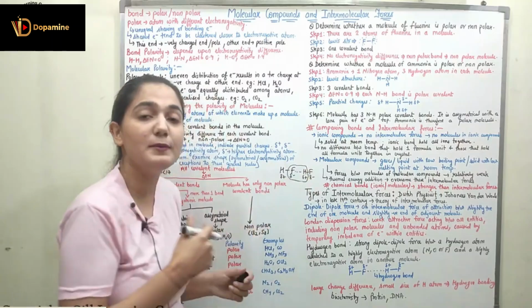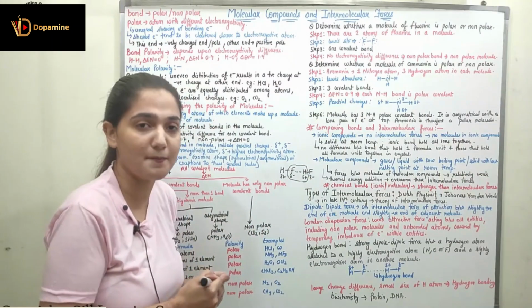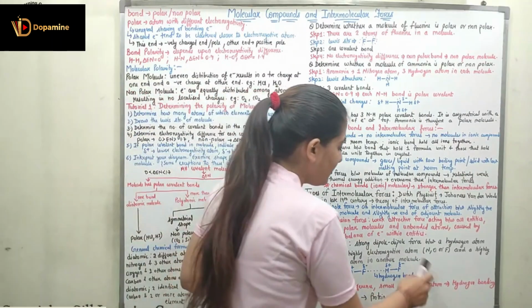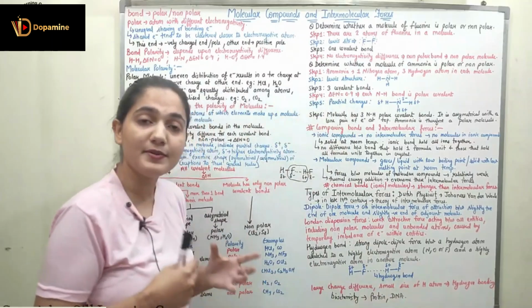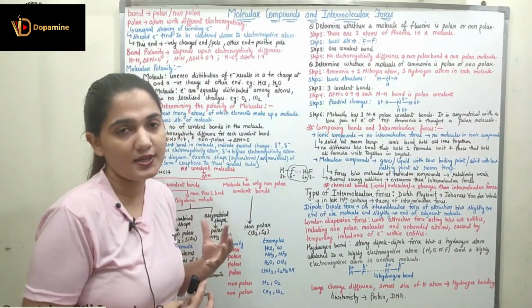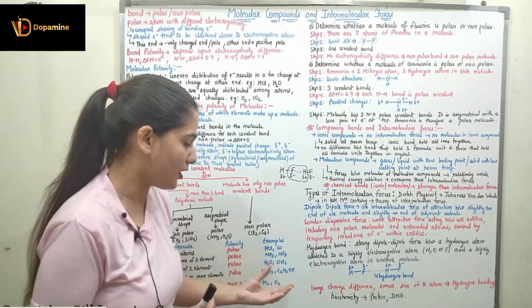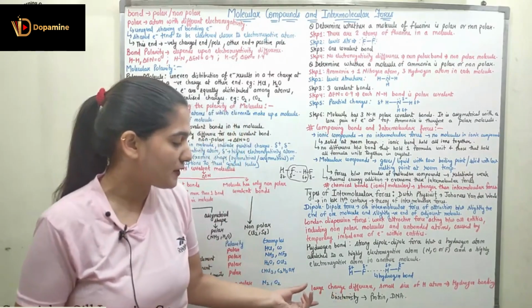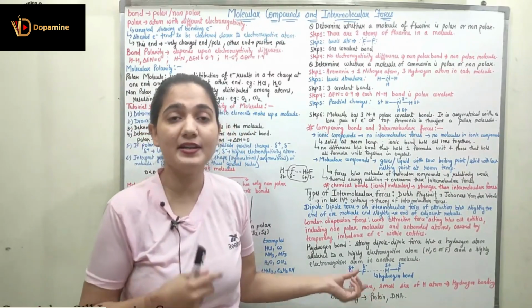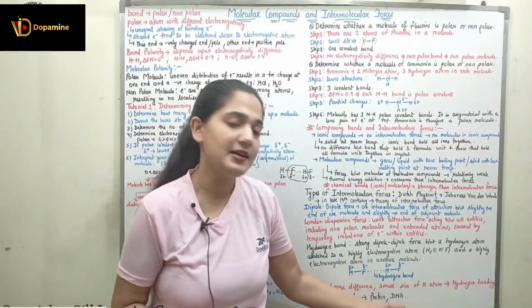So the hydrogen bond will be more attractive in HF as compared to HCl. Then the small size of the hydrogen atom is again a factor which gives a large attraction in hydrogen bonding. In biochemistry also, hydrogen bonding is present in proteins and DNA.